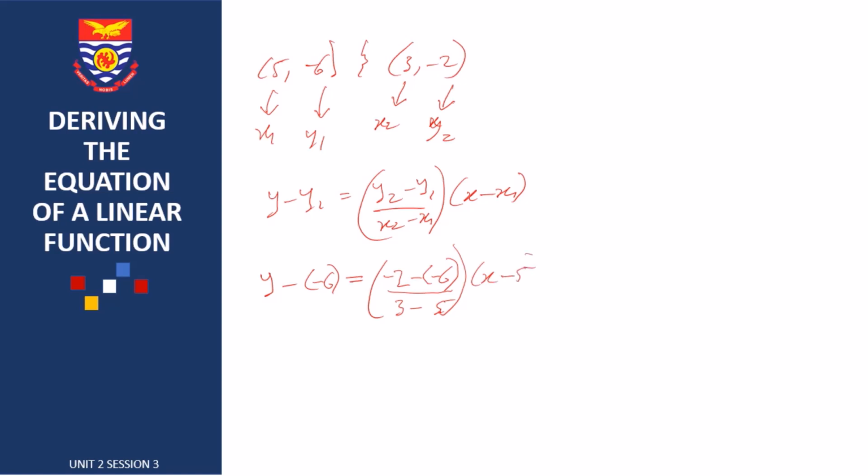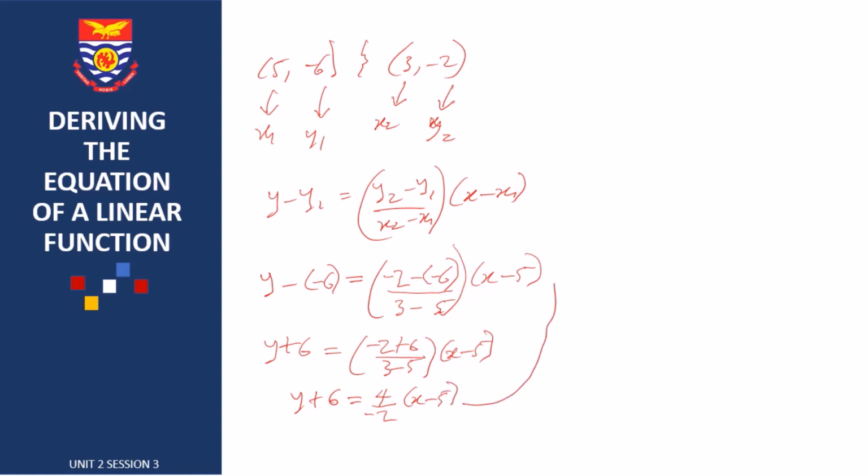Alright. Now here, minus minus will give me positive, so I'll have y plus 6. Then I'll have minus 2 plus 6, and 3 minus 5, multiplying x minus 5. I have y plus 6 equal to minus 2 plus 6, which gives me positive 4, over 3 minus 5, which is minus 2, multiplying x minus 5.